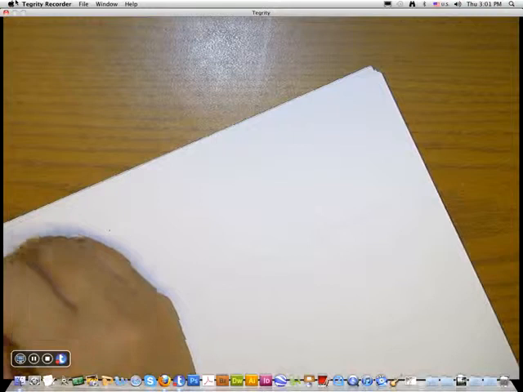The next thing we have is an arc length.